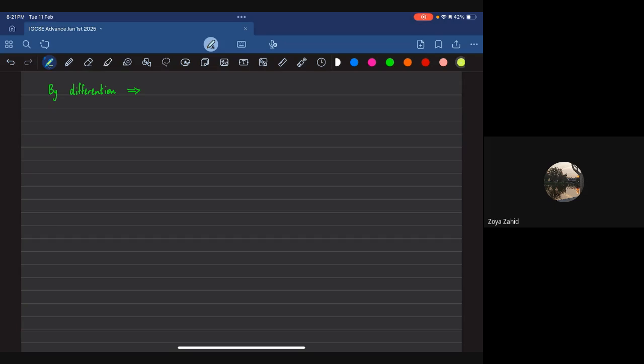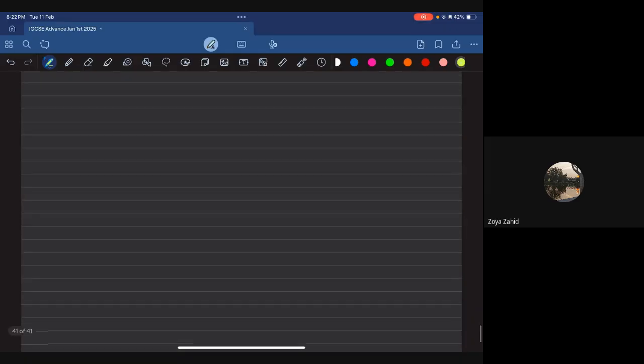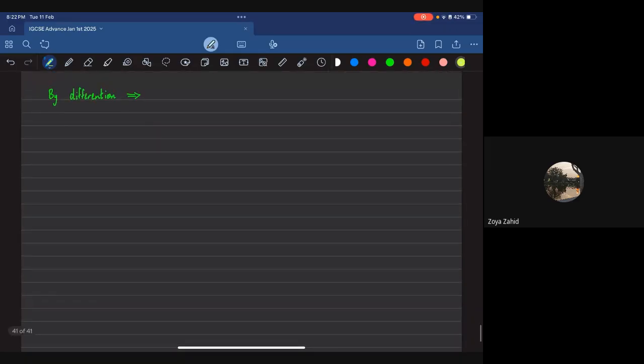So you're trying to see change in one quantity with respect to another quantity. For example, it's kind of like proportions, you can say, but not entirely. In theory, it's kind of like proportions. Like you're trying to see what sort of change one quantity is going to bring in the other quantity. Clear?